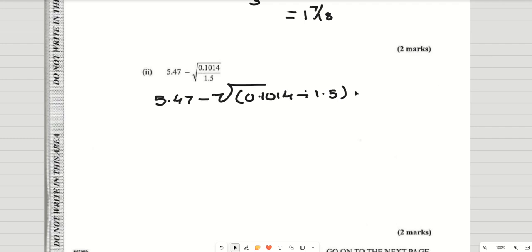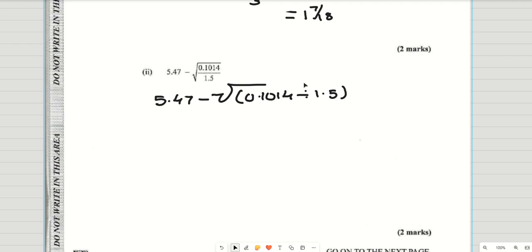When you put this in the open and close brackets, it's telling the calculator to divide these two first and then find the square root of that entire thing. So it is going to be 5.47 divided by the square root of, open bracket, 0.1014 divided by 1.5, close bracket.